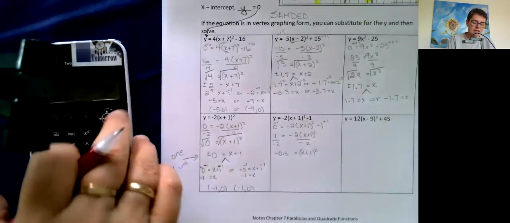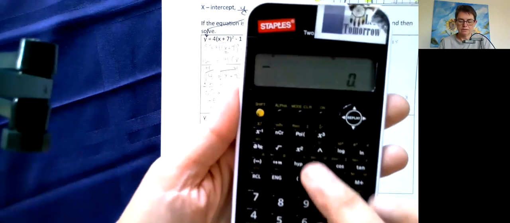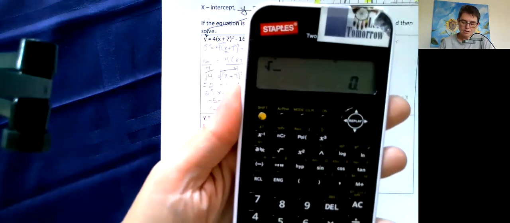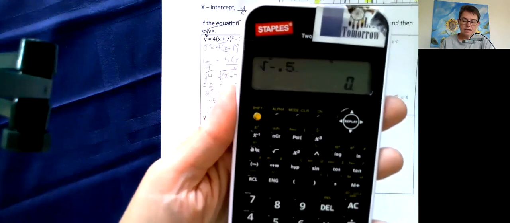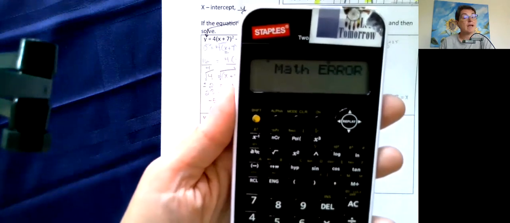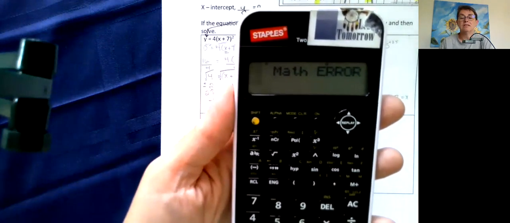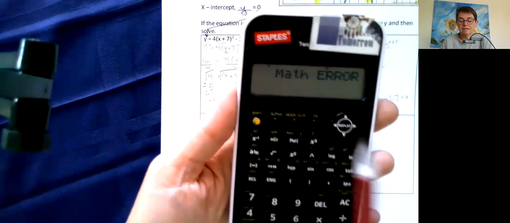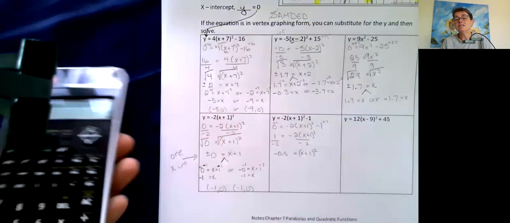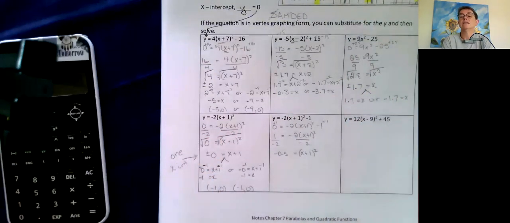Now, this I do want to show you on the calculator. So square root, where's my negative 0.5? And boom, math error. You are not allowed to take the square root of a negative number. Well, you can, unless you're in calculus or pre-calculus, in which case you will learn about a really cool set of numbers called imaginary numbers.